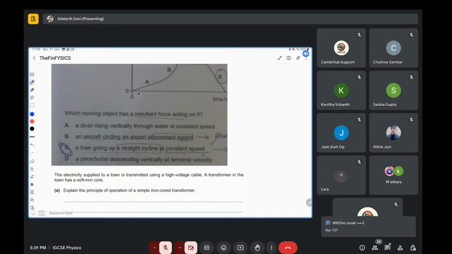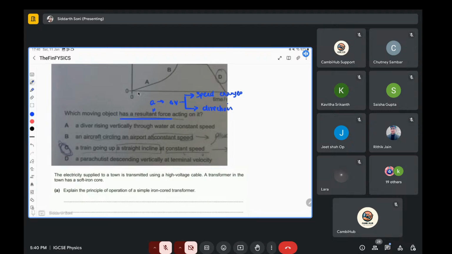So, which moving object has a resultant force? Remember, wherever there is a resultant force, there has to be an acceleration. And whenever you talk about acceleration, acceleration means what? Change in velocity, right? And velocity will change either when the speed changes. Remember, velocity is a vector, so it does not only depend on speed, it also depends upon direction.